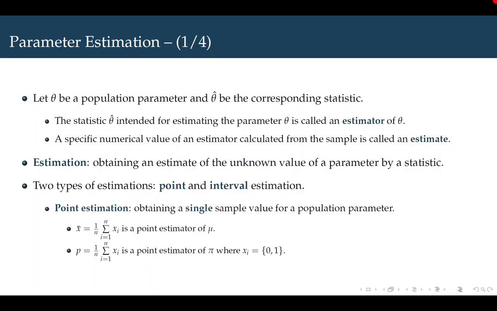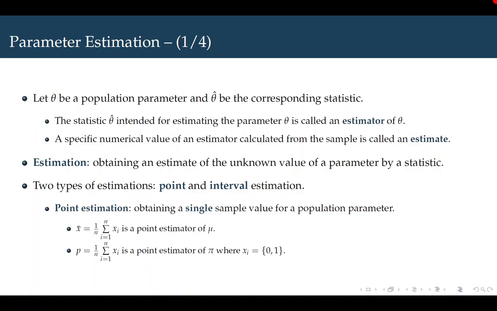Now let's denote theta as a certain general population parameter, and let theta hat be the corresponding statistic. Then the statistic theta hat intended for estimating the parameter theta is called an estimator of theta. So the formula that is used to estimate the population parameter is said to be an estimator.